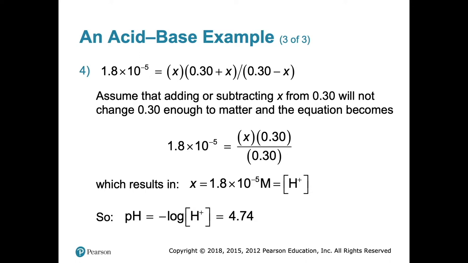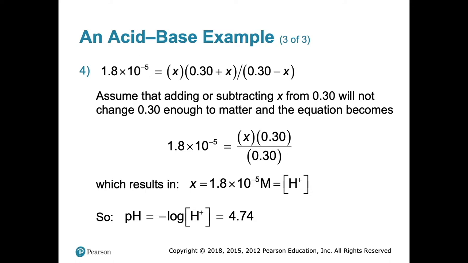So all that leaves you with, you see how over here we have the Ka, and then the 0.3 here, the plus x is gone, and over here the minus x is gone. So that just gives you x times 0.3 divided by 0.3, and then x equals 1.8 times 10 to the negative 5.